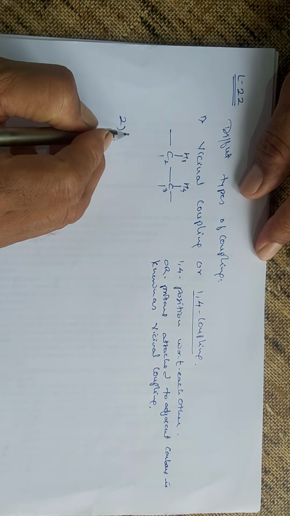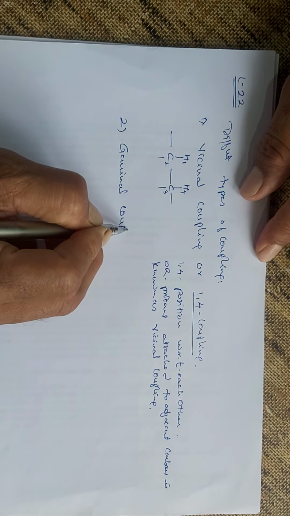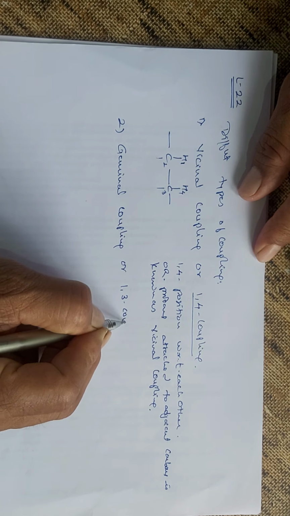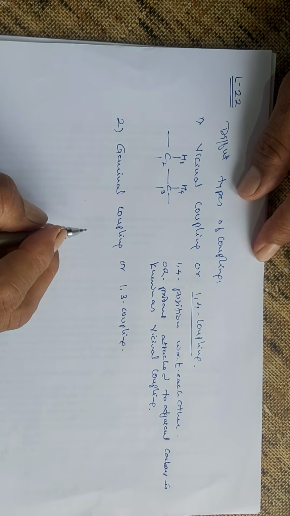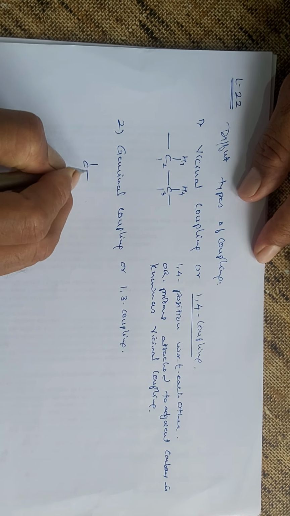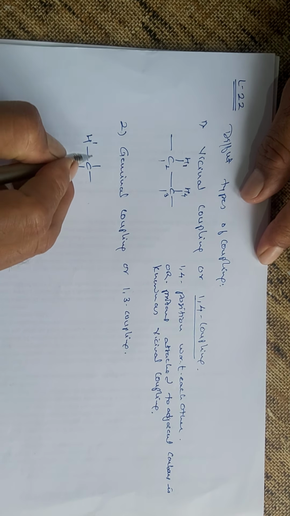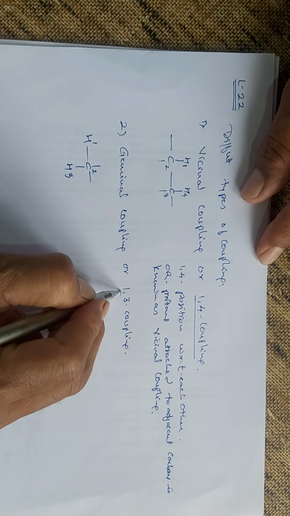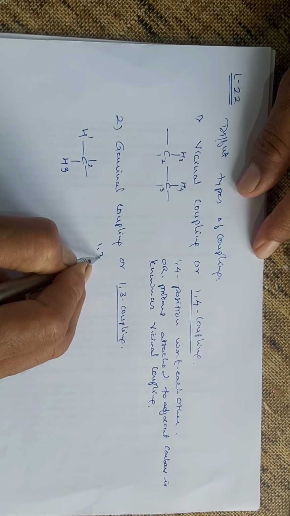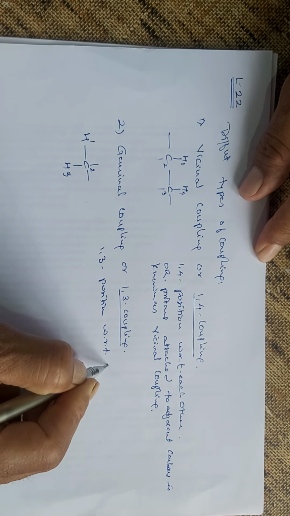Then the second is geminal coupling, which is termed 1,3 coupling. That is when magnetically different protons are attached to the same carbon atom, at the 1 to 3 position with respect to each other.